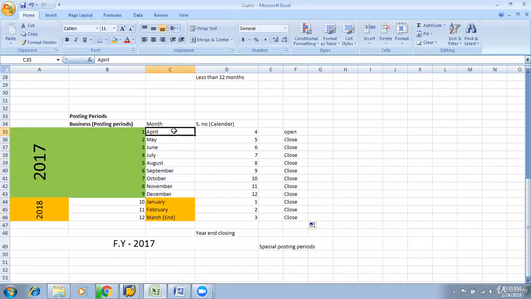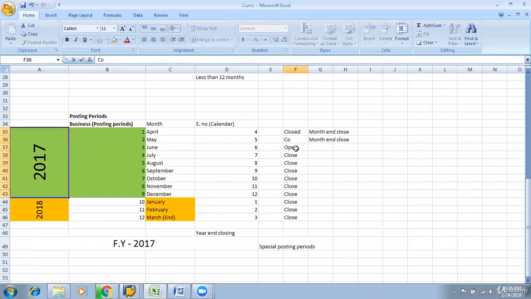Once you reach April end and you have done your month end closings, next May is opened and April is closed. Clear? So when you're done with May and you're done with month end closings, your June is opened and May is closed.